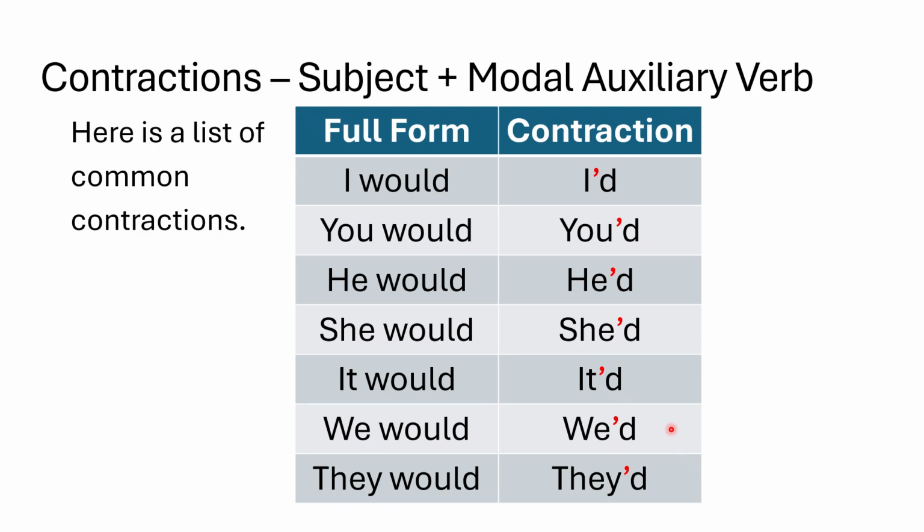We'd. They would. They'd. Notice the apostrophe replaces the missing letters W, O, U, and L.